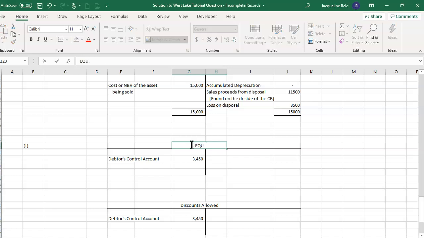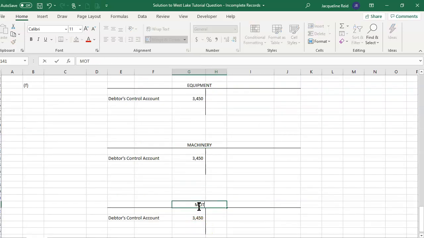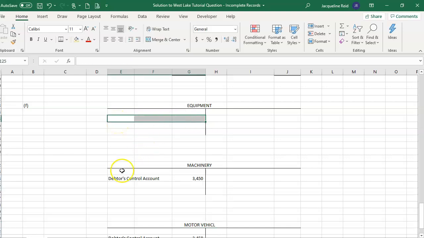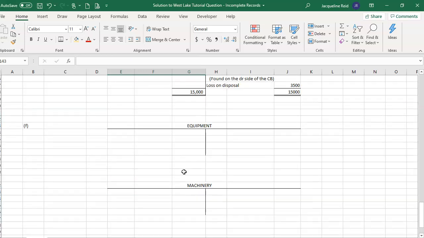Equipment, machinery, and motor vehicle. Now, all of these are non-current asset accounts, and their opening balances will always be on the debit side. So let's put in their opening balances and, by extension, their closing balances.